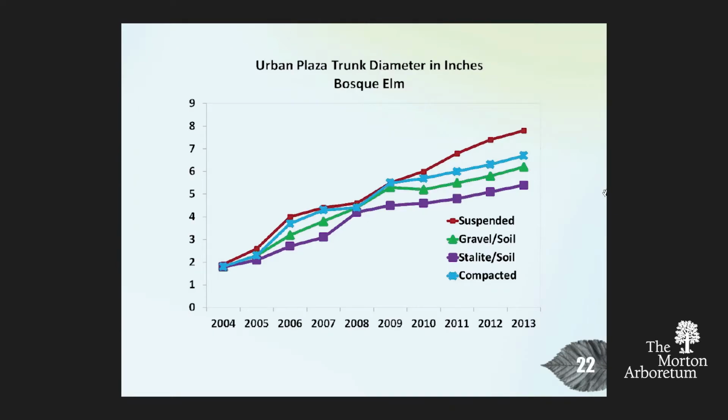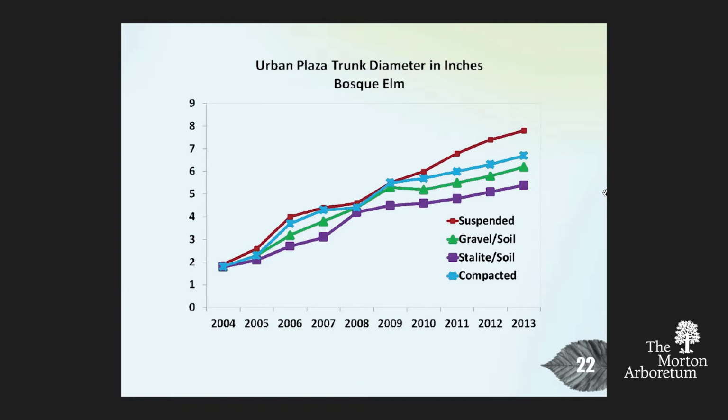So what are the results? Over the course of the 9 years, the red line is the suspended pavement. The blue is the compacted gravel soil, and the bottom one, the stalite soil, is the purple. This is diameter in inches.